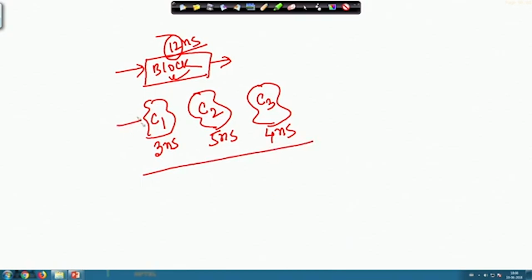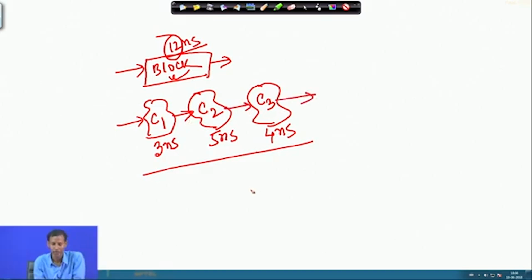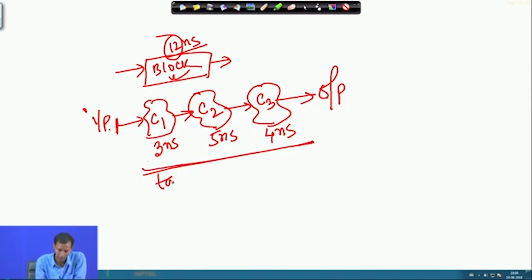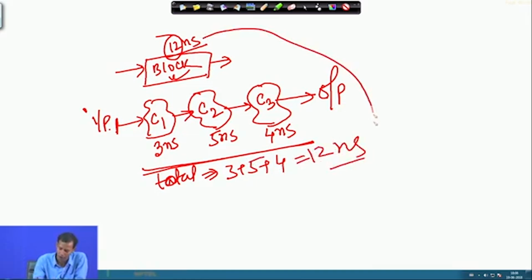This is the input and this is the output. So, from the input to the output, the total time taken is 3 plus 5 plus 4, that is equal to 12 nanoseconds, which is the delay for this particular block.